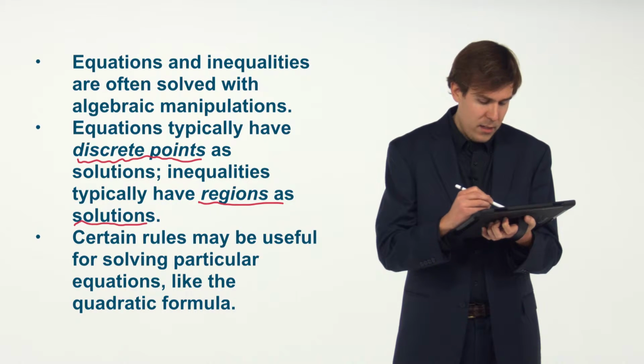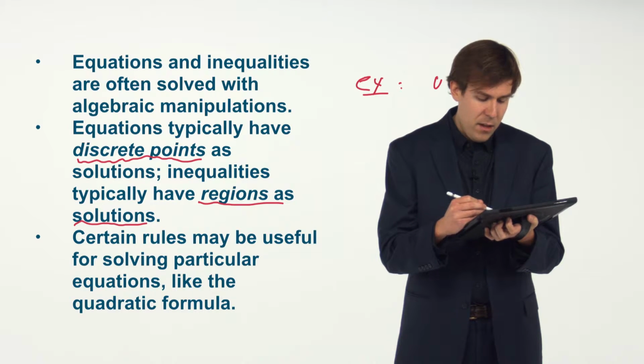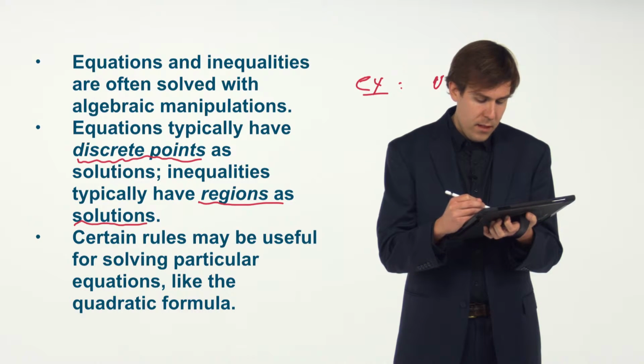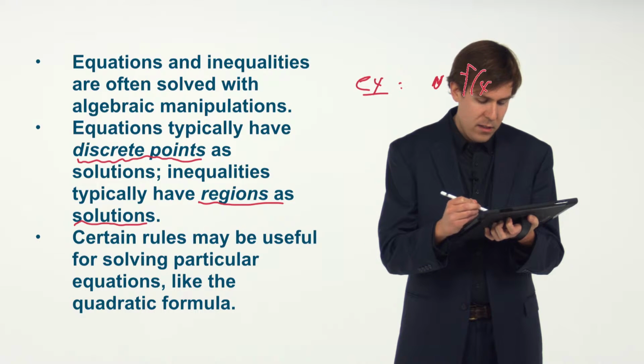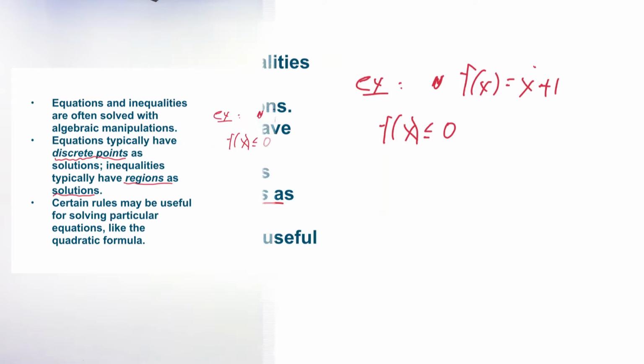So just as a small example, let's say f of x equals x plus 1, and I want to know when f of x is less than or equal to 0.